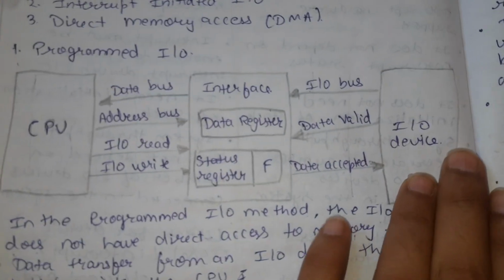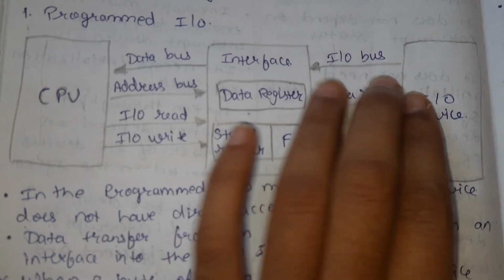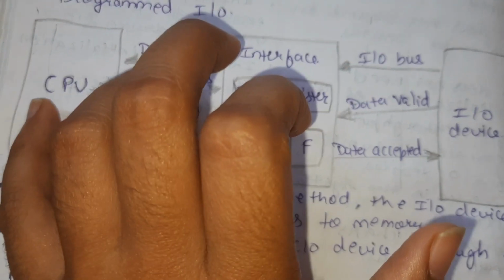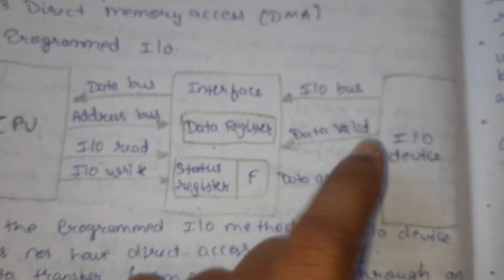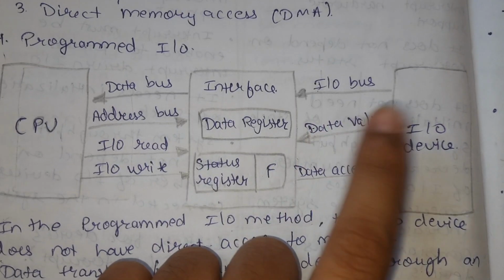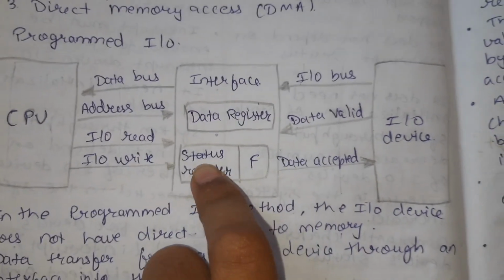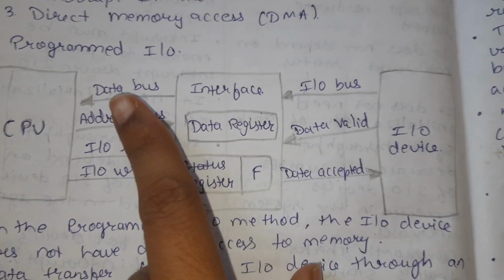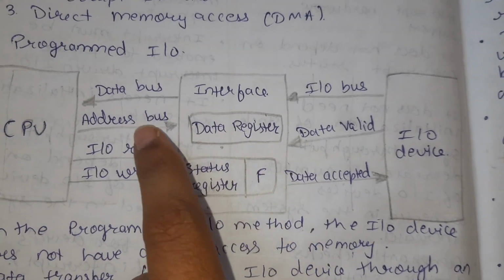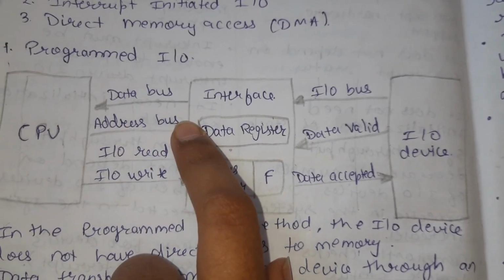When the input output device sends the data with the IO bus, it goes to the data register. After that, the data bus transfers it to the CPU. The input output device sends data valid to the status register. After that, if it is valid, it will be forwarded to the data bus. And where to forward, that we need to know. That will be given by the address bus.